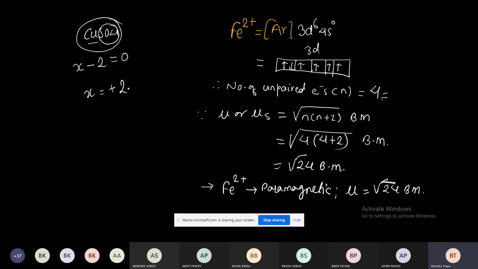First find the oxidation number of the central metal atom, and then write the electronic configuration of Cu+2 and solve in a similar manner. Once you know the electronic configuration of the given ion or species, you can determine the number of unpaired electrons present in it. If you can determine the number of unpaired electrons, then you can determine the value of magnetic moment mu.